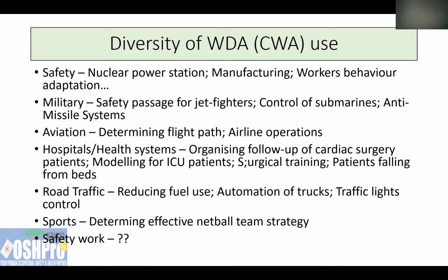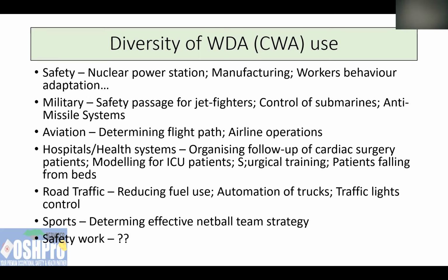In road traffic, imagine you use a work domain analysis to determine how you can operate your vehicle to reduce fuel use, for automation of trucks, for traffic lights. How do you control traffic lights with people crossing, and with public transport like trams and buses, and then you have private cars.